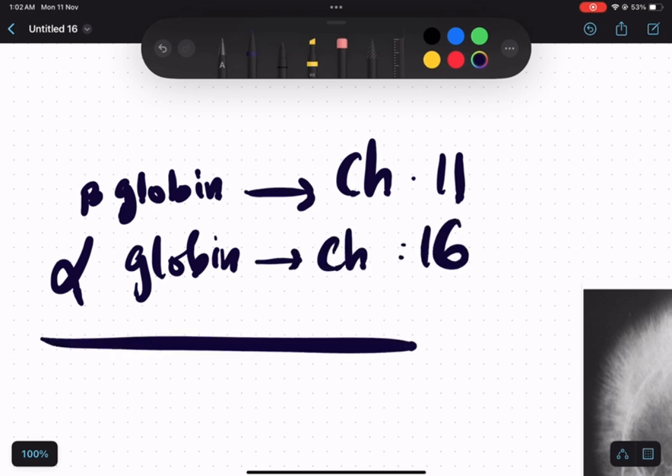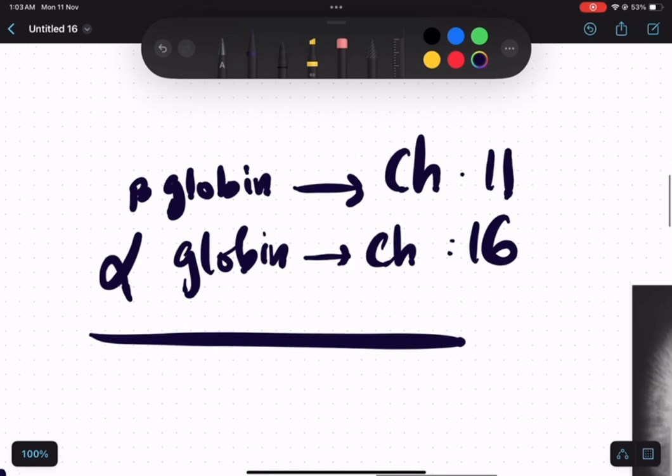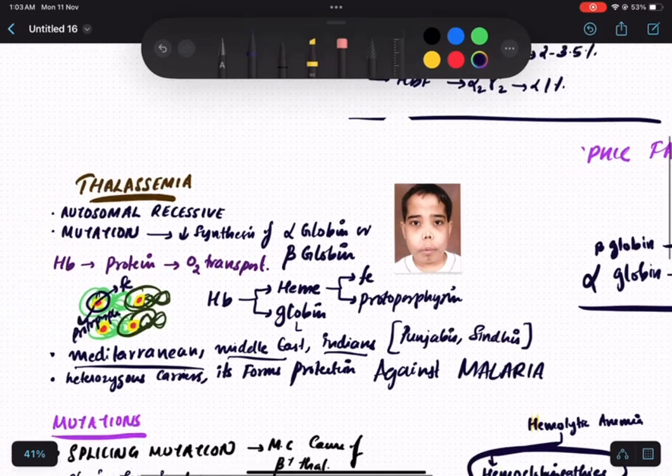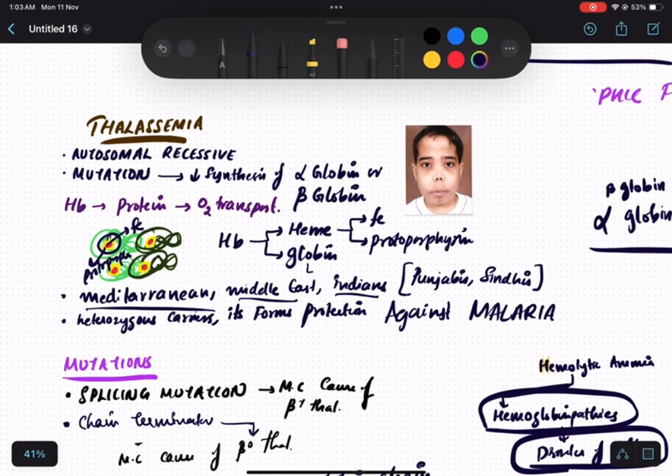The most common form of thalassemia is beta thalassemia, and it's mostly due to mutations. And alpha thalassemia, that is the decreased synthesis of the alpha chain, is less common and it's mostly due to gene deletions.